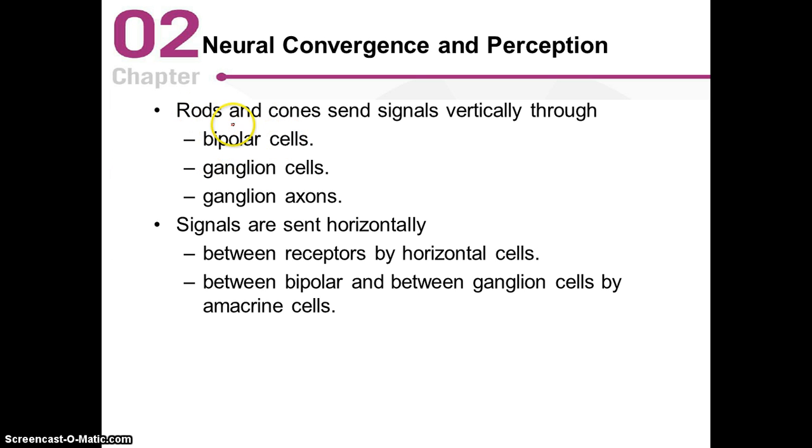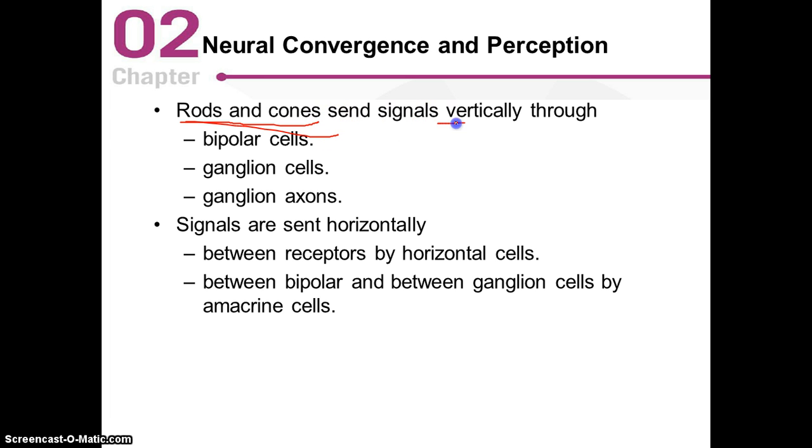But before we get into that, let's talk about the structure of the retina again, and we've said a lot of this already. Rods and cones are obviously the receptors in the retina responding to light, and they send signals vertically. So when they've been stimulated, they generate action potentials, and they send their signals through that neural communication process of generating an action potential and then transmitting neurotransmitters.